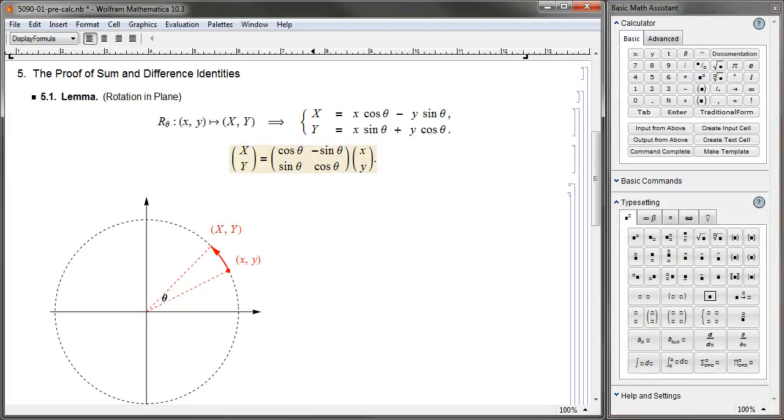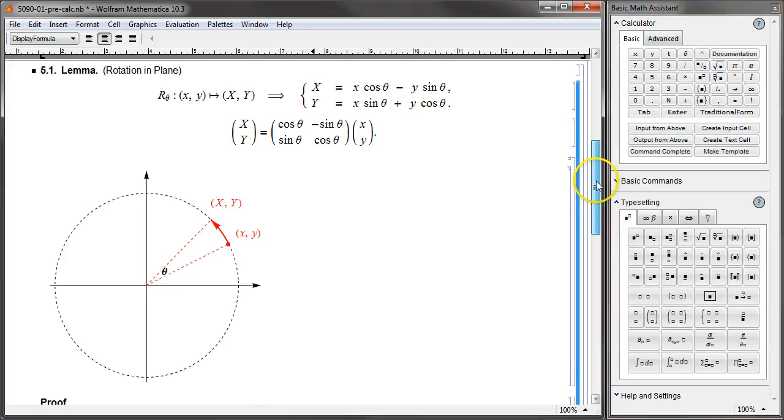This expression that I just highlighted and this expression over here are equivalent. This is just matrix expression, and here we have coordinate by coordinate, component by component expression. They're the same. Now let's justify this and let's prove it.